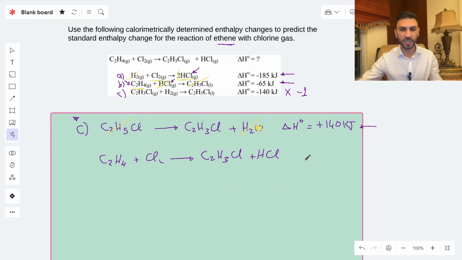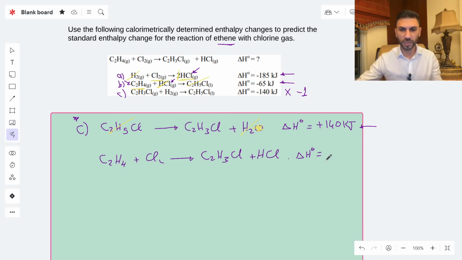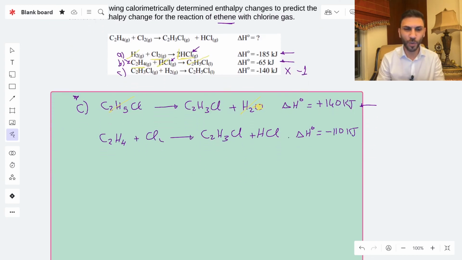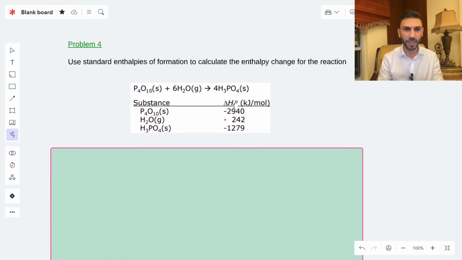That means delta H for this reaction equals negative 110 kilojoule. This is how we use Hess's law in order to solve problems about enthalpies.